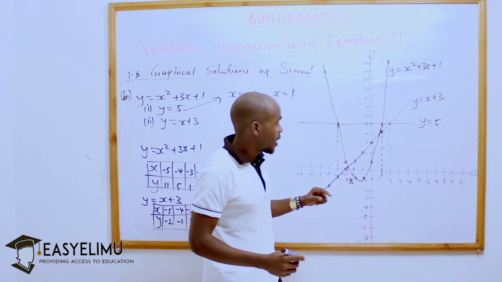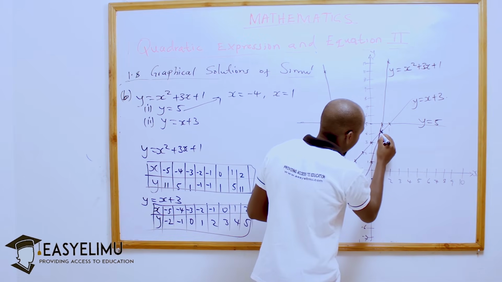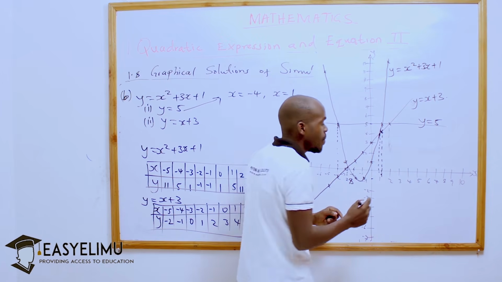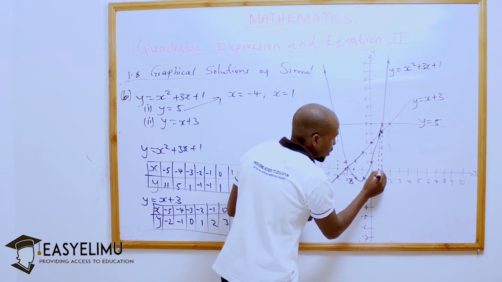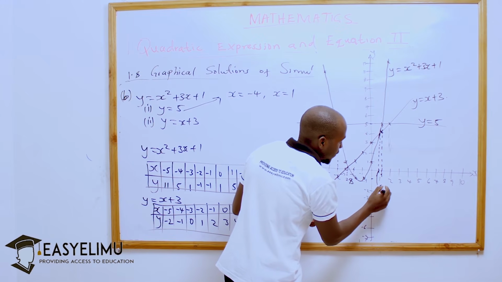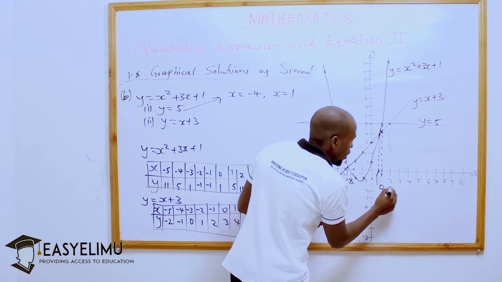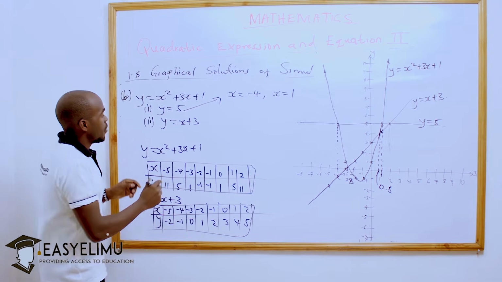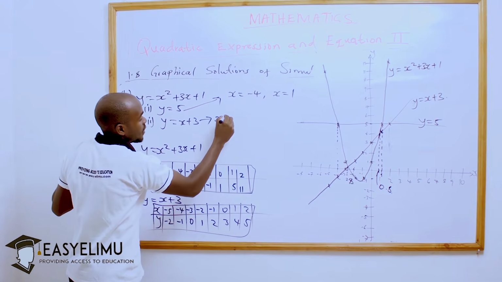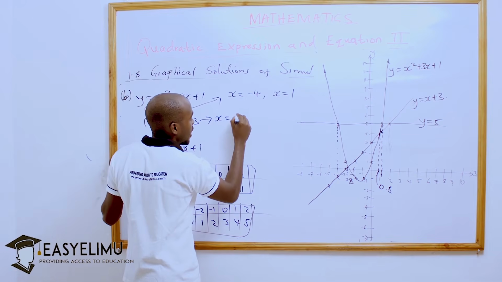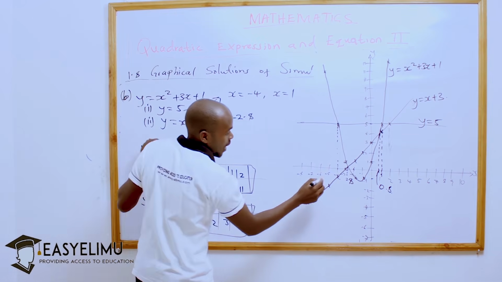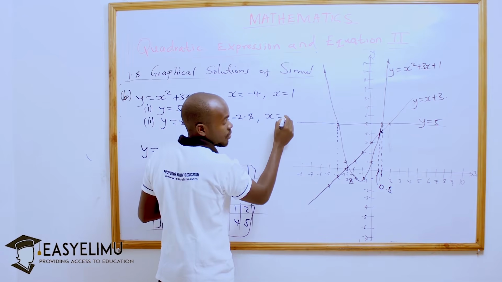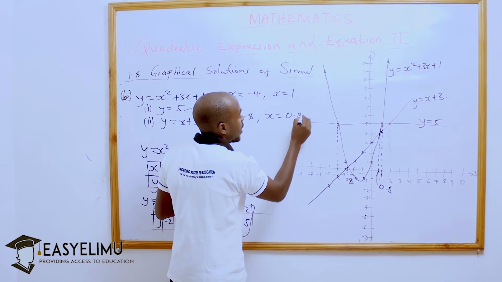And at this point here, I'm finding it's almost approximately 1, but it's not 1. At this point, I'm getting it to be 0.8. So I'm finding that for this one, x equals negative 2.8, and also x equals 0.8.